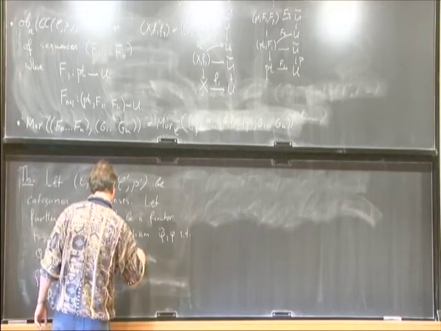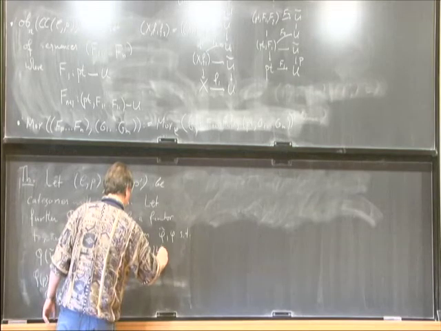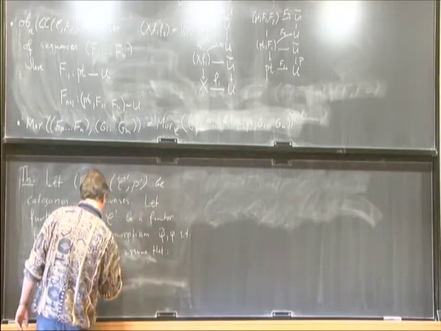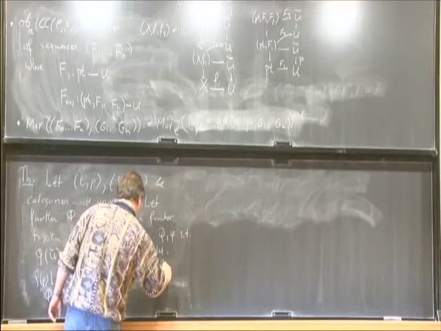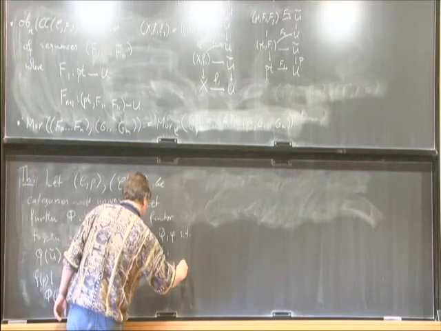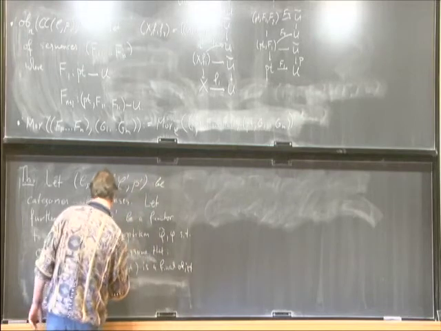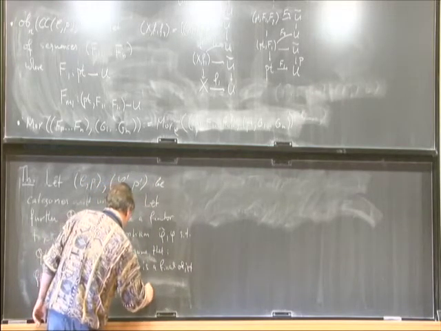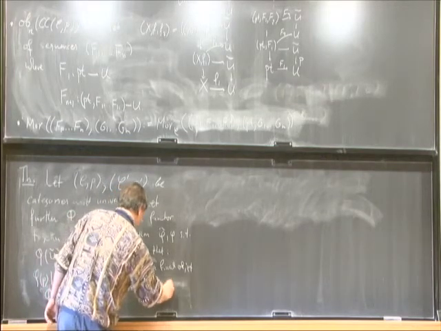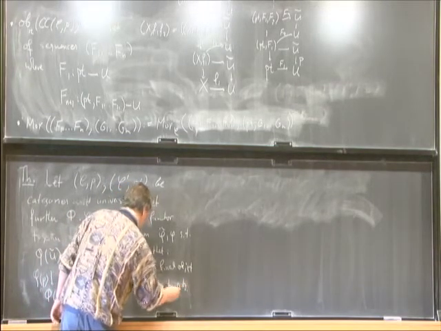And assume that phi of point is a final object, and phi takes pullback squares to pullback squares.